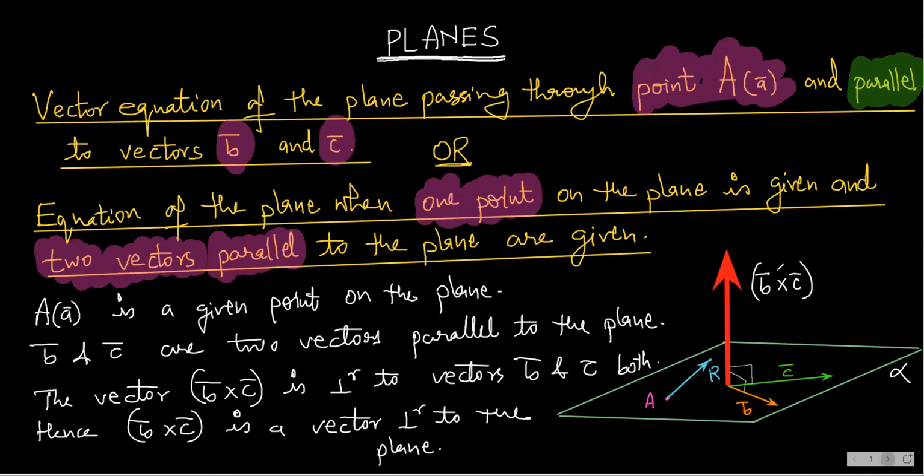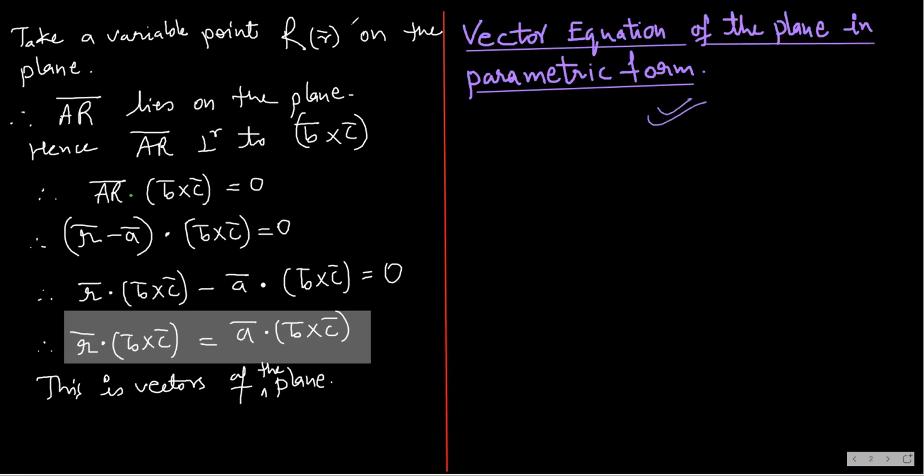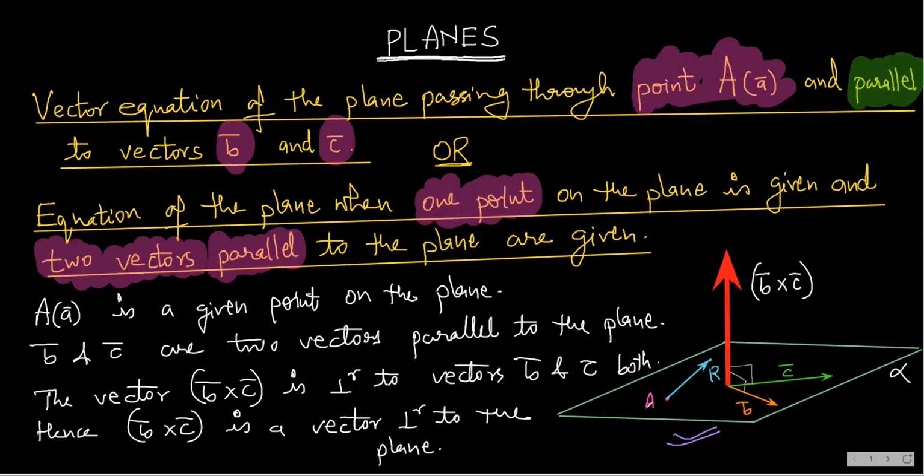It is the same as what you did here. You are going to take the same diagram, everything is going to be the same, but our approach this time is going to be slightly different. And since our approach will be different, we are going to get some other form of equation.